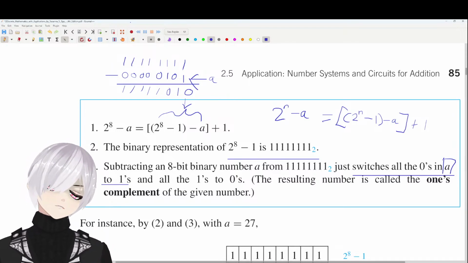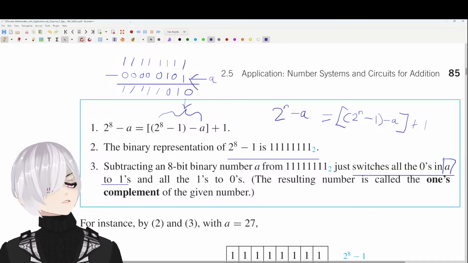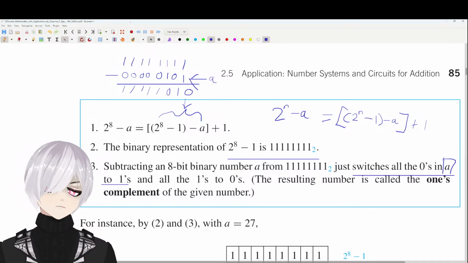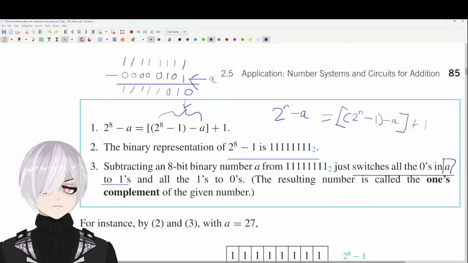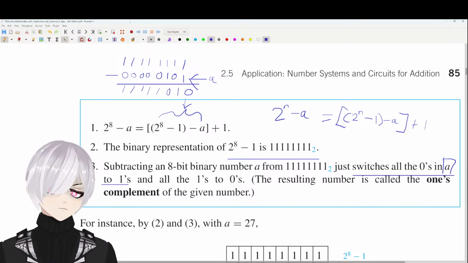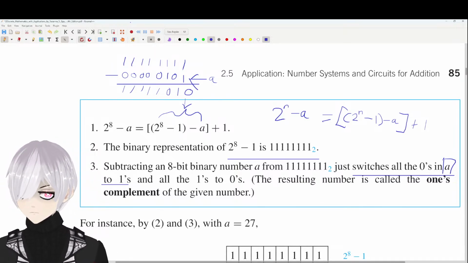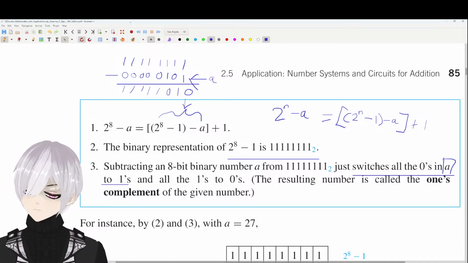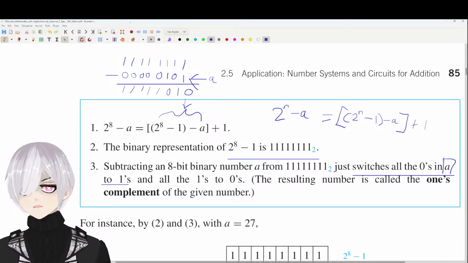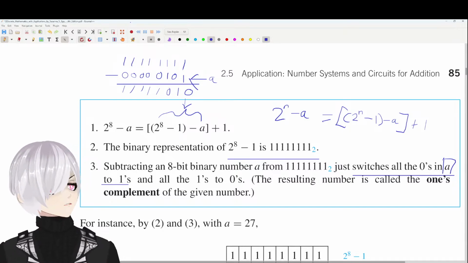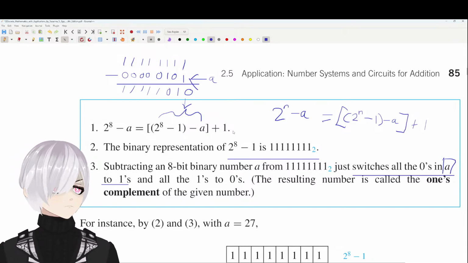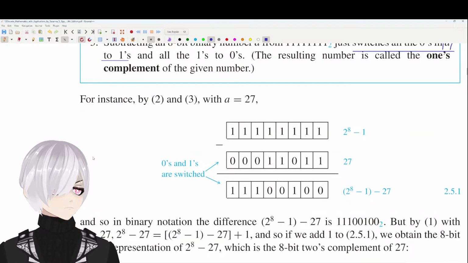And if A equals 2 to the n, I guess they're not letting it be 2 to the n either, because in this case 2 to the n would be 2 to the 8th, which is 256. But in the procedure, they say we can only go up to 255, which I'm not sure why, because the 2's complement of 256 would just be 0, it seems.